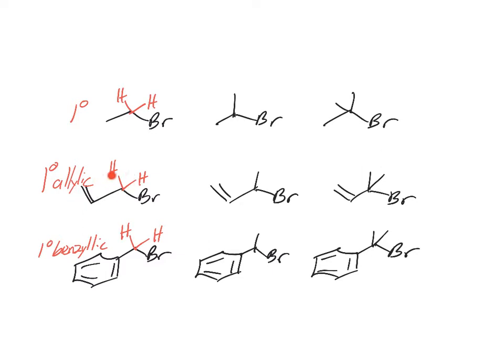That's the allyl group. The benzylic part comes from the carbon that's attached to the leaving group being bonded to a benzene ring. Still primary, right? The carbon that's attached to the leaving group has 2 hydrogens. But when that carbon is also attached to a benzene ring or a pi bond or an alkene, then it's either benzylic or allylic. Now these are different.